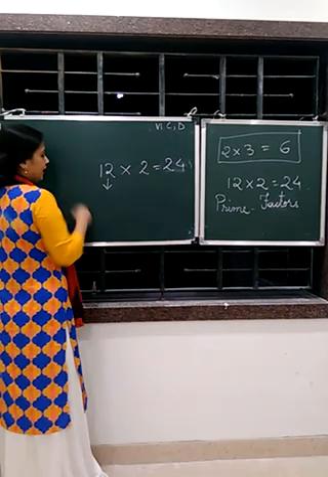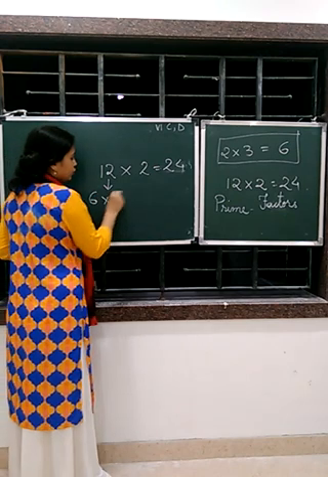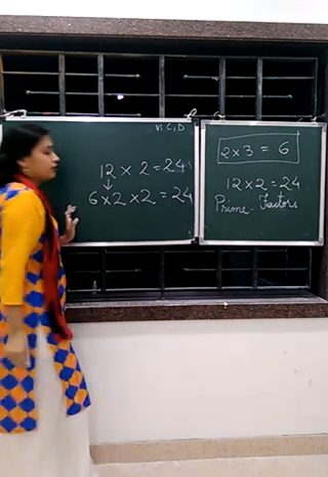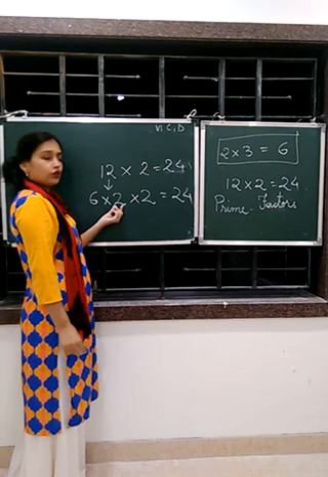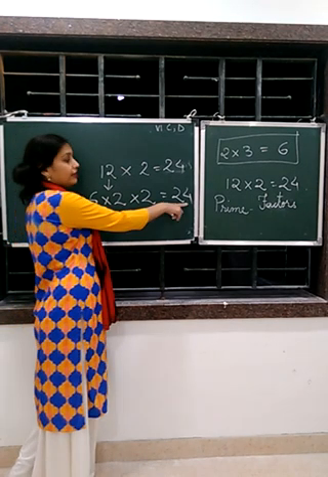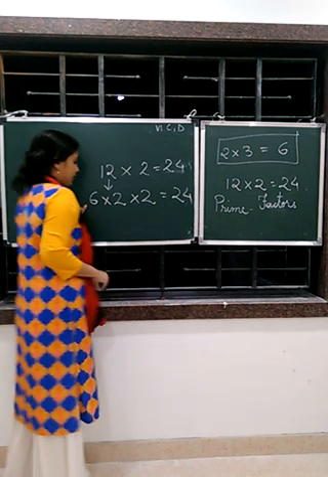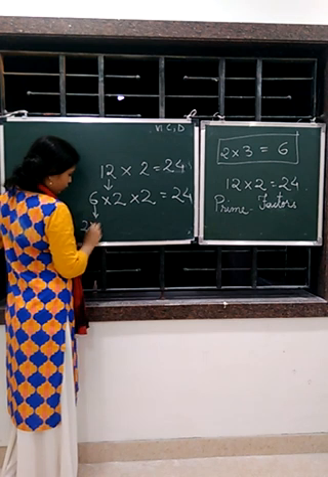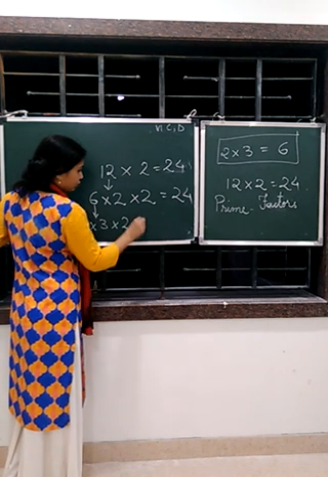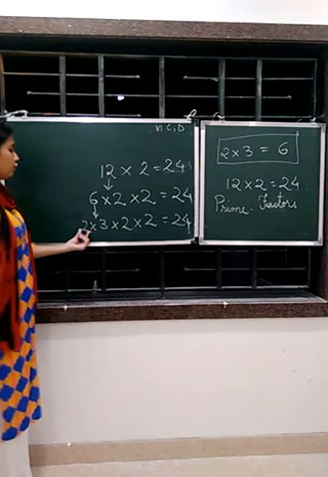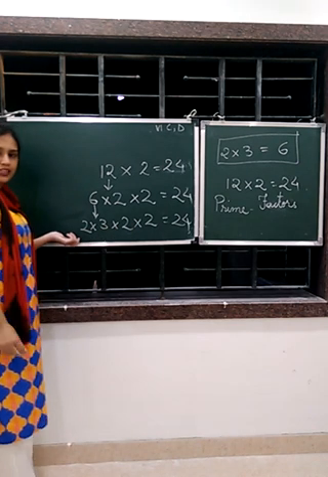If instead of writing 12, I write 6 into 2 into 2. Okay. So 2 is prime. Is this 6 prime? No. That means again this is not the prime factorization of 24. So if for this 6 I write 2 into 3 into 2 into 2, then 2 and 3, everybody is prime here.